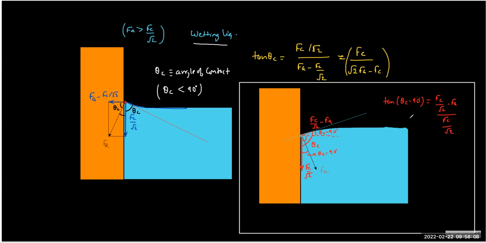But this is exactly called cot theta actually. So this is minus cot theta. So minus cot theta c is FC minus root 2 FA, and therefore you can see the tan theta c is going to be same answer.